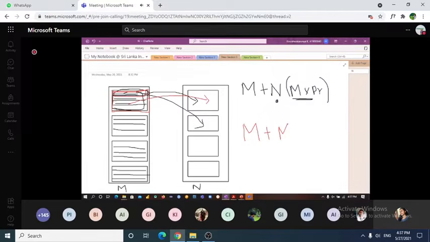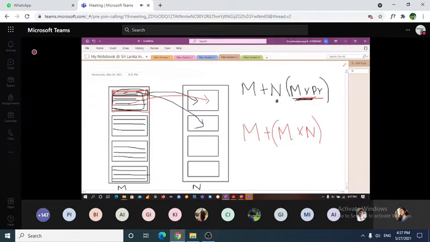That is the page oriented nested loop join. So simple nested loop join takes record by record, and page oriented nested loop join takes page by page. If they ask you to compare, you have to compare it like that.